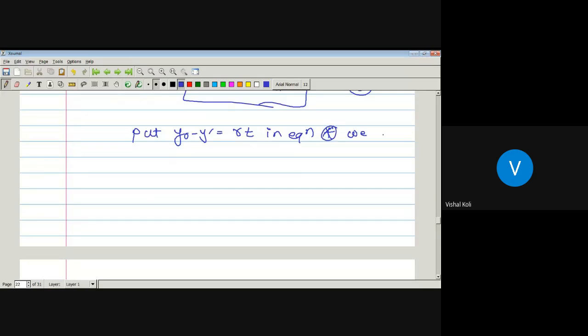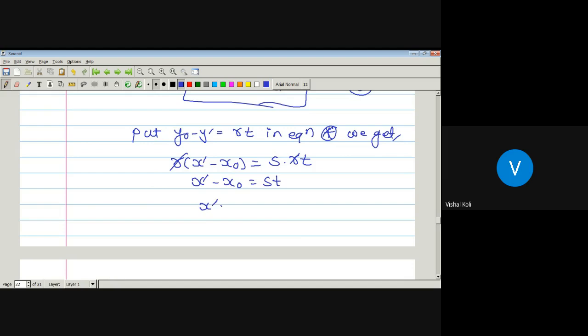We get r into x dash minus x naught is equal to s into y naught minus y dash, which is r into t. This r gets cancelled. So x dash minus x naught is equal to s into t.